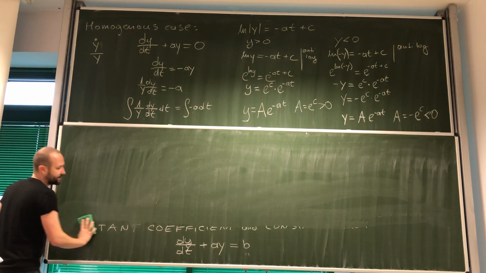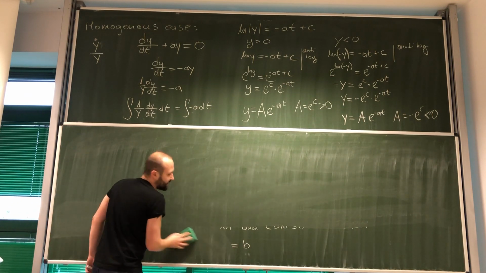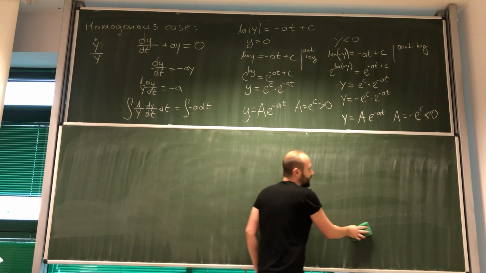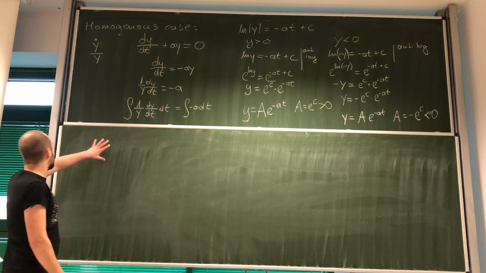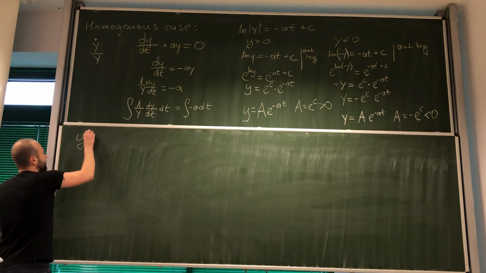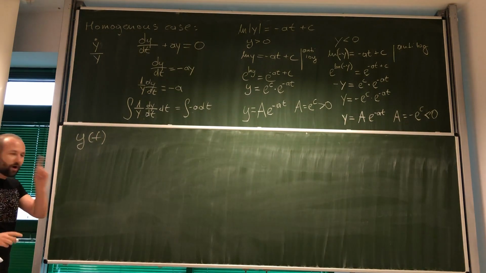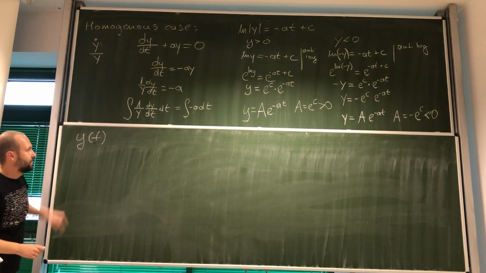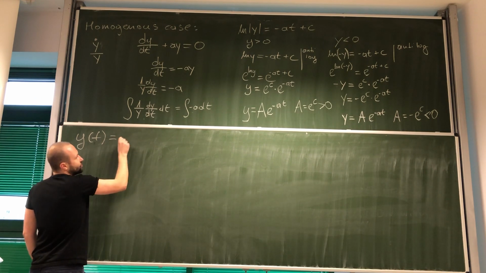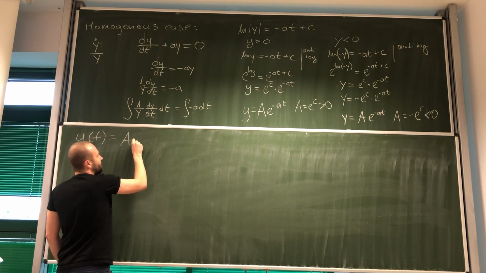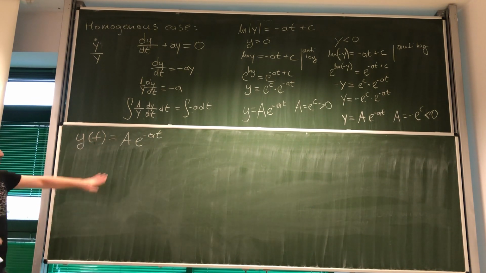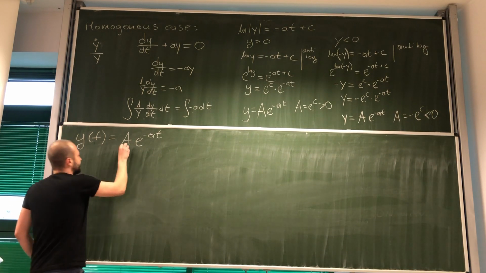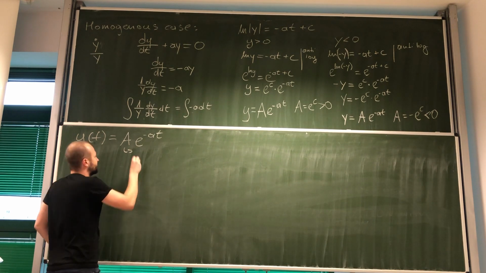Time path is a function that is expressed solely in terms of t. So we've got y over here that is only a function of one variable t, and the solution is given by A times e to the power negative a t. Okay, this A we will call an arbitrary constant, just like in case of integrals.